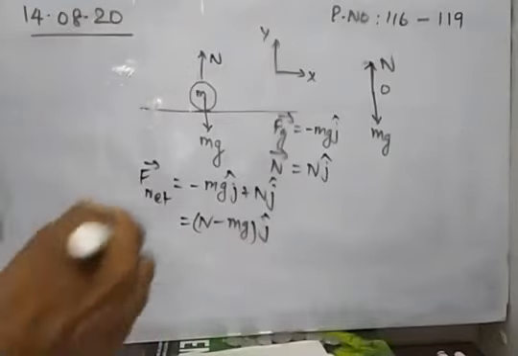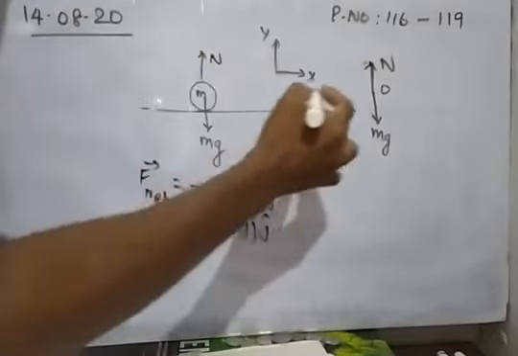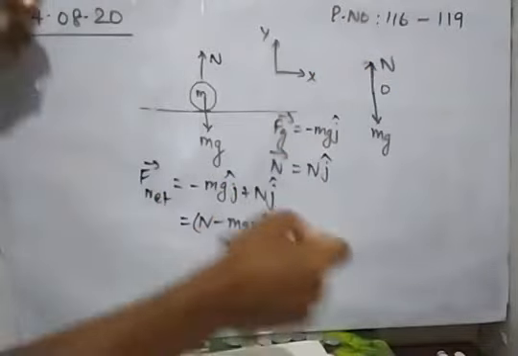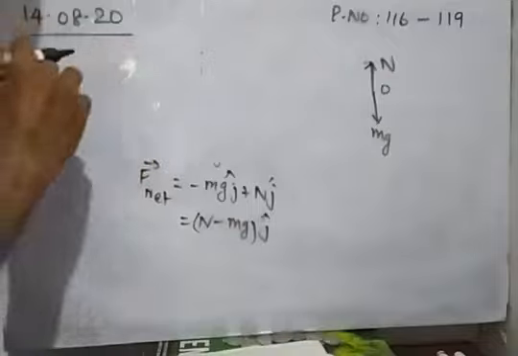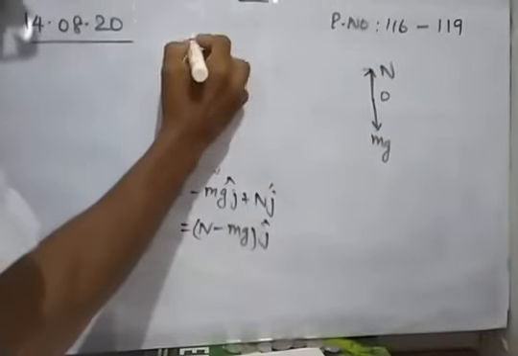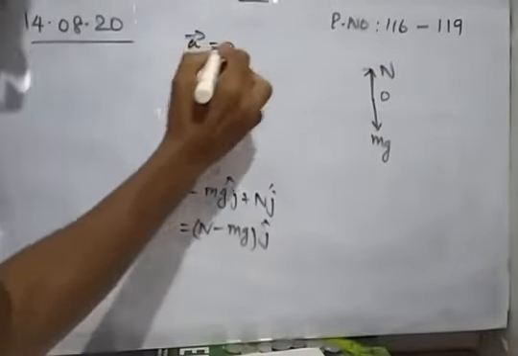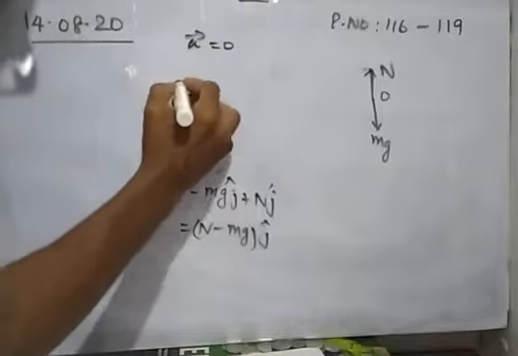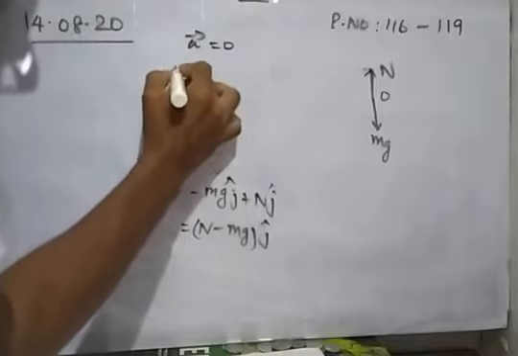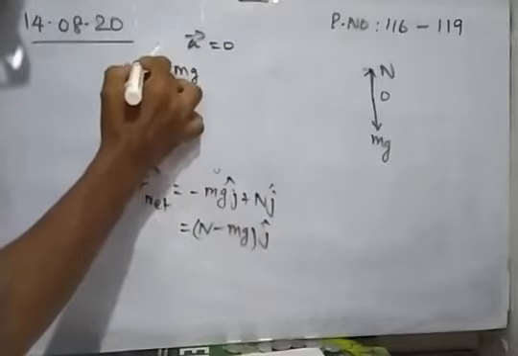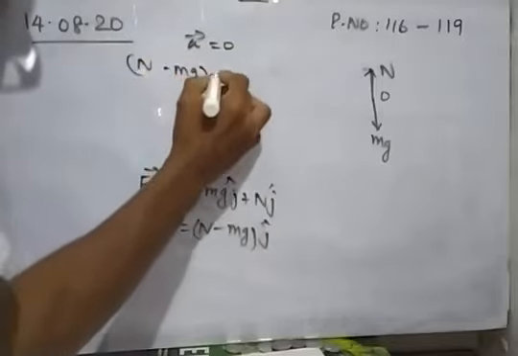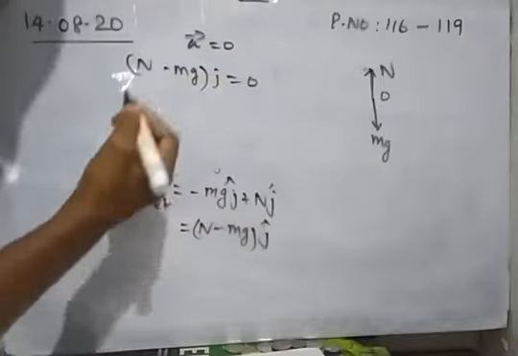Here the object is at rest on the ground, therefore the acceleration of the object is 0. Therefore the a vector is equal to 0, which means that (N minus mg) j cap is equal to 0.